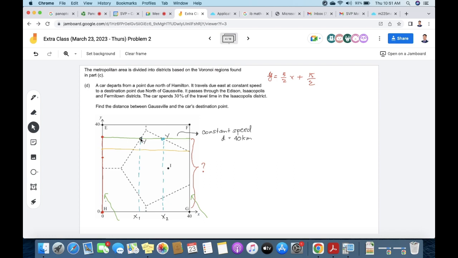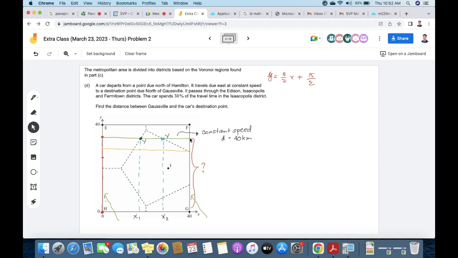So this point, if you look at it, the y coordinate of this point is actually equal to this distance here, because it's horizontal. Meaning all the y coordinates of the points found on this horizontal line must all be equal.